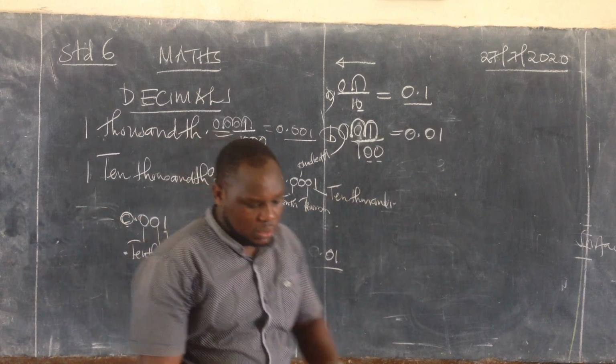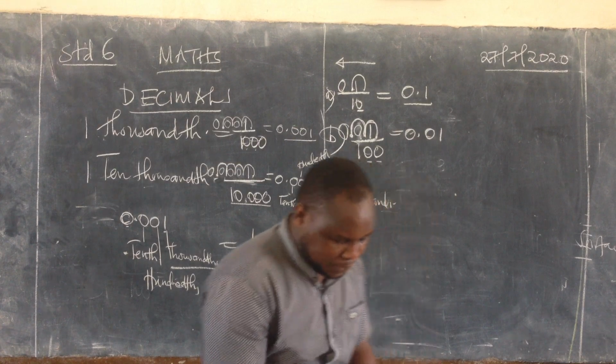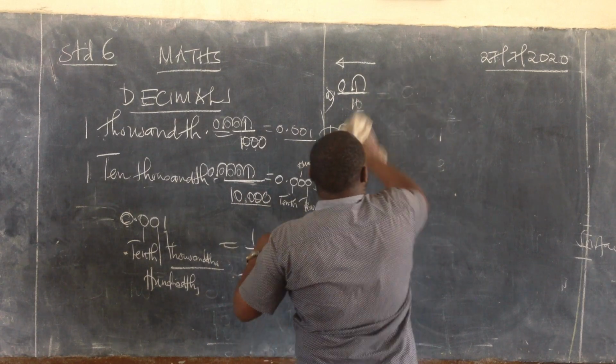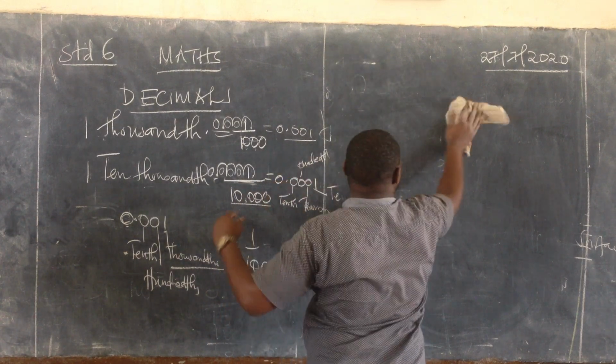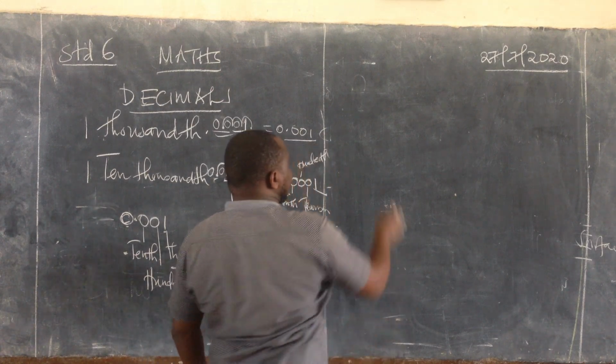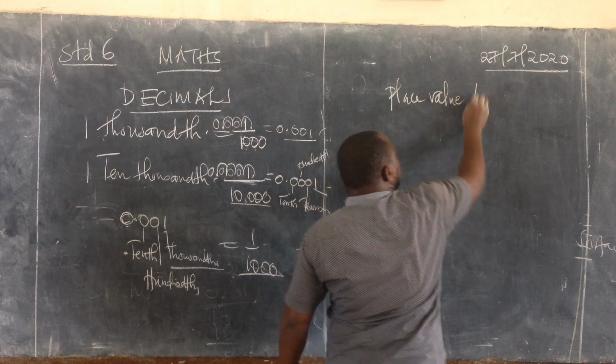So that's what we call place value. Now we will have a place value table to be able to fully understand what we are doing. I know you have done it in class 4 and 5, and we are also going to do it in class 6. The place value table.